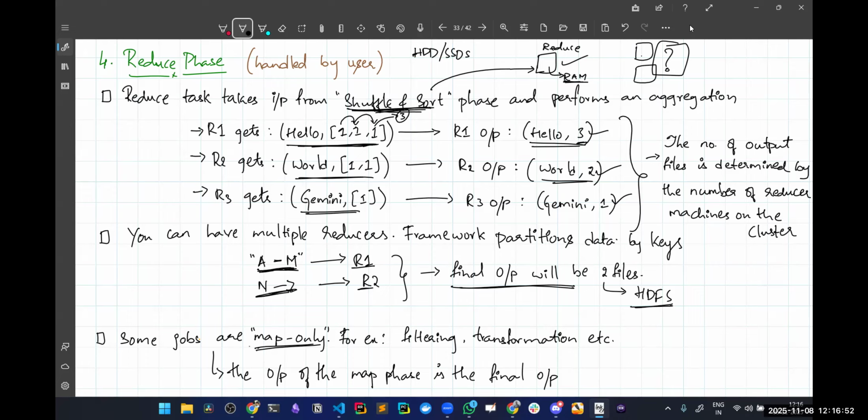But the final reducer output will be stored in your HDFS location. The number of output files from your reduce phase will be determined by the number of reducer machines. Any doubts here?